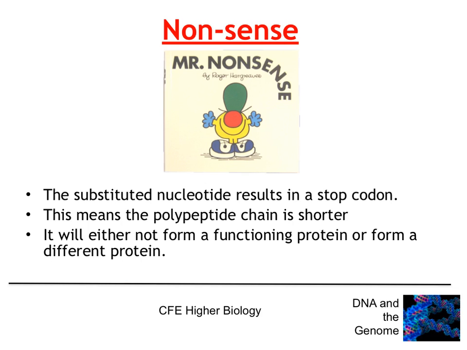The last one is this nonsense substitution. What happens here is that the nucleotide or the base that is substituted results in a stop codon being formed. And so when the stop codon is there, it means that the protein chain, or the polypeptide chain, that you were trying to form is cut shorter because it's stopped.